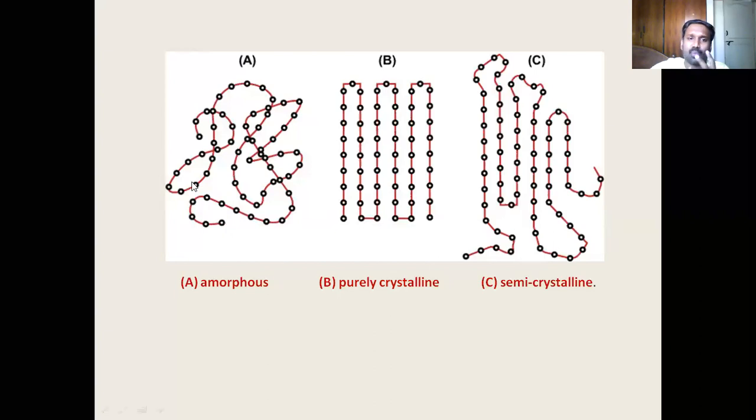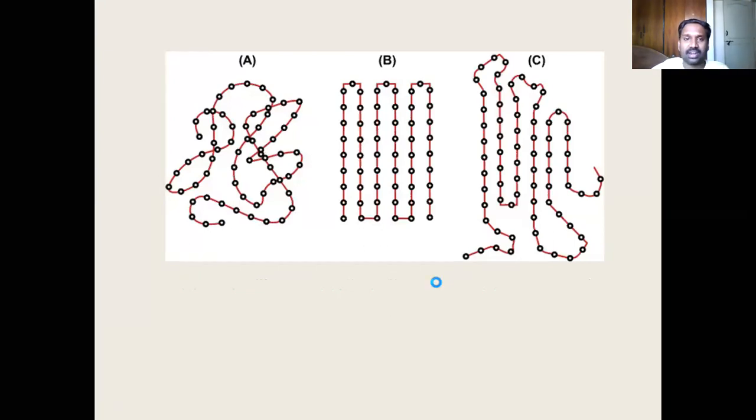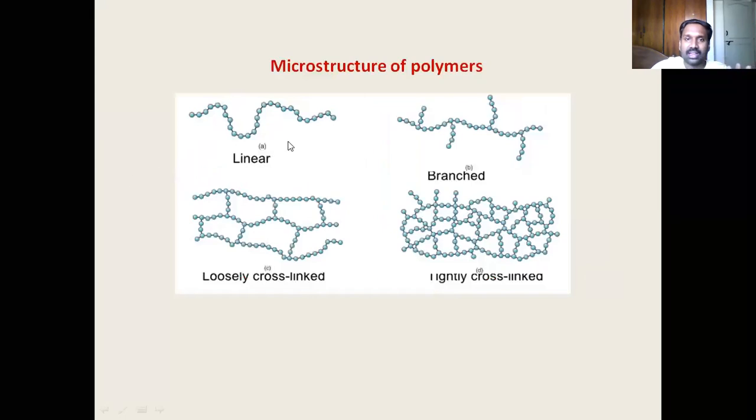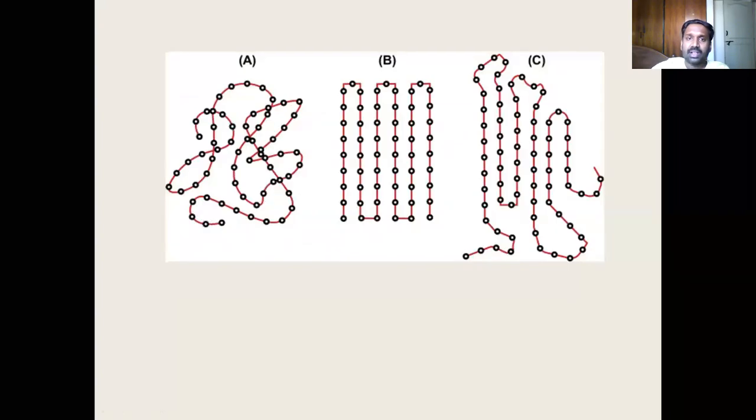You can trace from one end group to another end group without any branches. So that's a linear polymer. But see, a single chain is not straight like what I showed here. Even if it is not too straight, it is coiled. It is coiled like this.